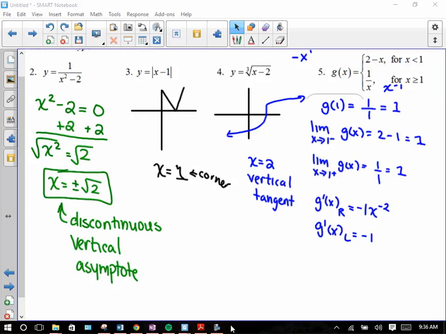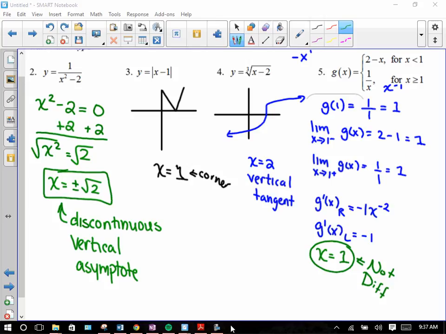So this would be not differentiable at x equals 1. Is it continuous? Yes.